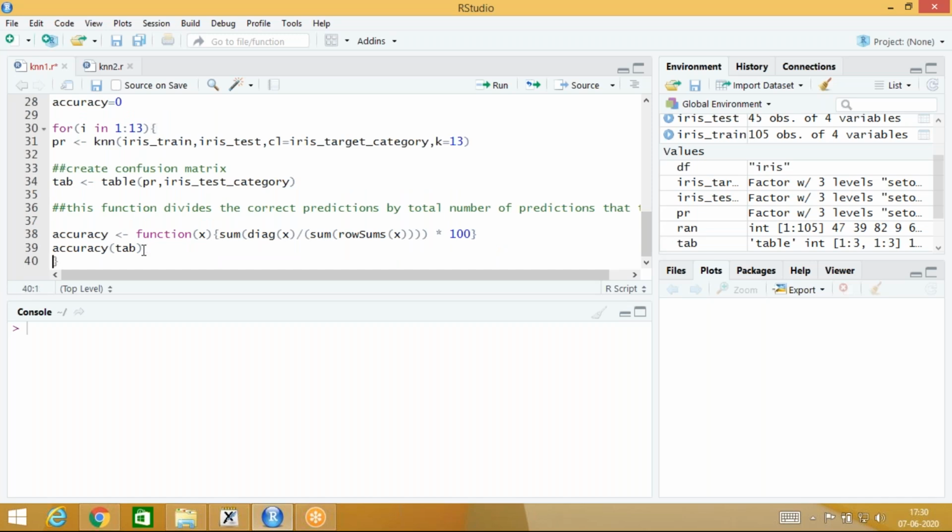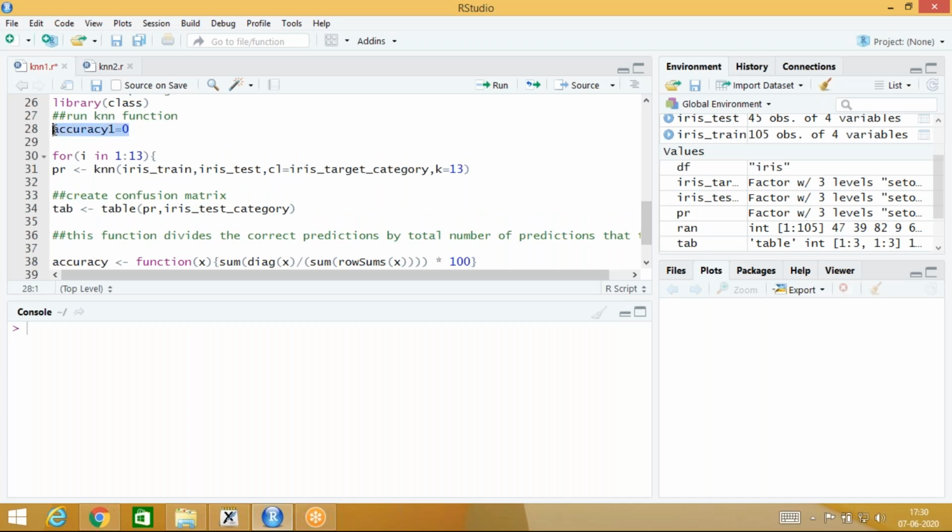And then let's say accuracy 1 is equal to 0. So accuracy 1 I is equal to this. To understand what I have done, I have introduced a new variable, accuracy 1 is equal to 0.